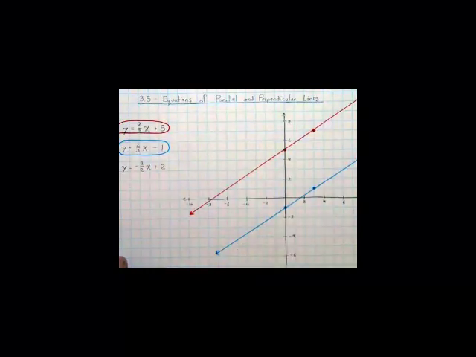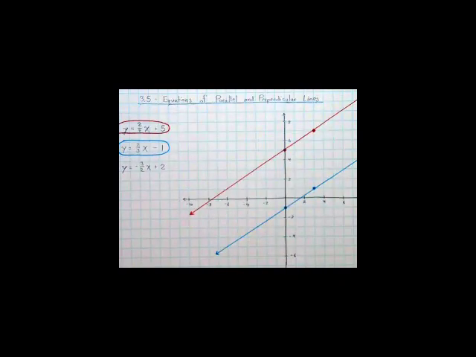So those two lines appear to be what? Right. Parallel, okay? So take a look at their equations. What do you notice where I could just look at those and say, aha, I know those two are parallel? Yeah.